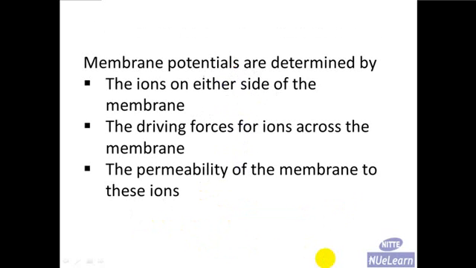So, one could say that membrane potentials are determined by the ions on either side of the membrane, the driving forces for ions across the membrane, and importantly, the permeability of the membrane to these ions.